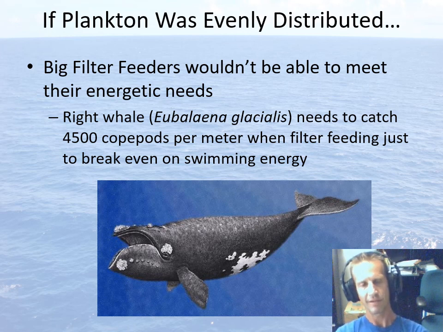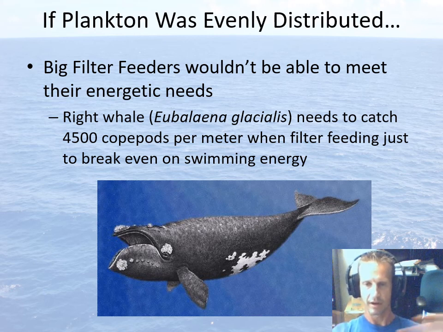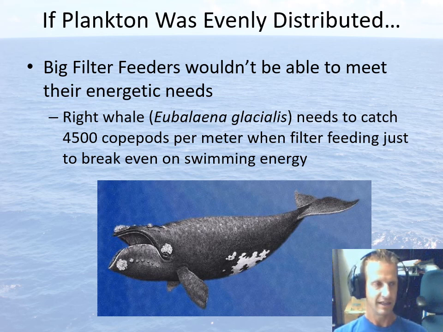So the fact that plankton and other organisms in the pelagic are not just evenly distributed, but are clumped into a few places of really dense life and then barren places, is really important for the survival of some of the most wonderful organisms in the ocean, the baleen whales, which are very, very large filter feeders.